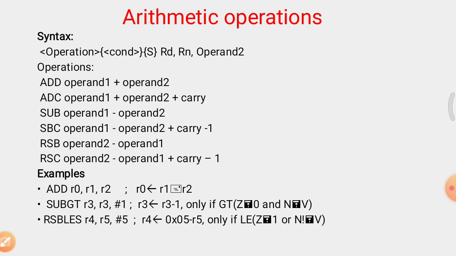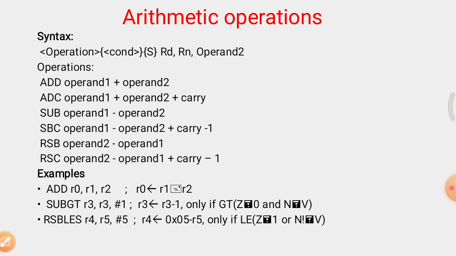The next example is SUBGT. Here the value of operand 2 is going to be subtracted from Rn, that is R3, and the value is going to be loaded into R3 again.